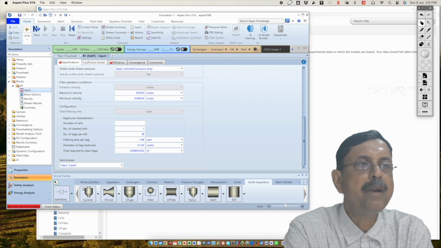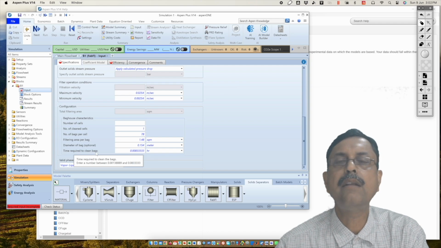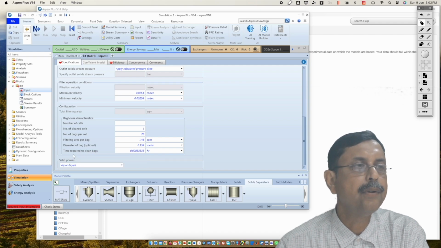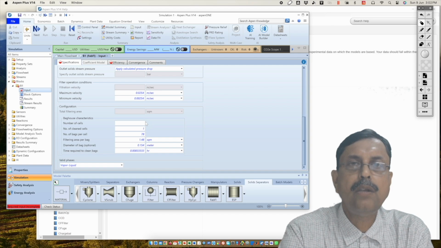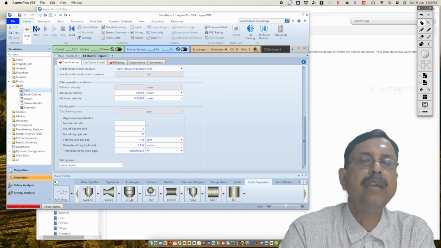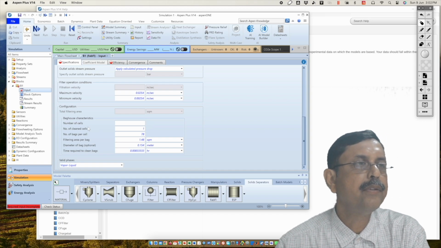So number of bags per cell you have to provide, then filtering area per bag, and the time required to clean a bag. Some default values are given over here, but when you want to run the operation, then you have to give the correct values as per your requirement. So this is about the baghouse characteristics.